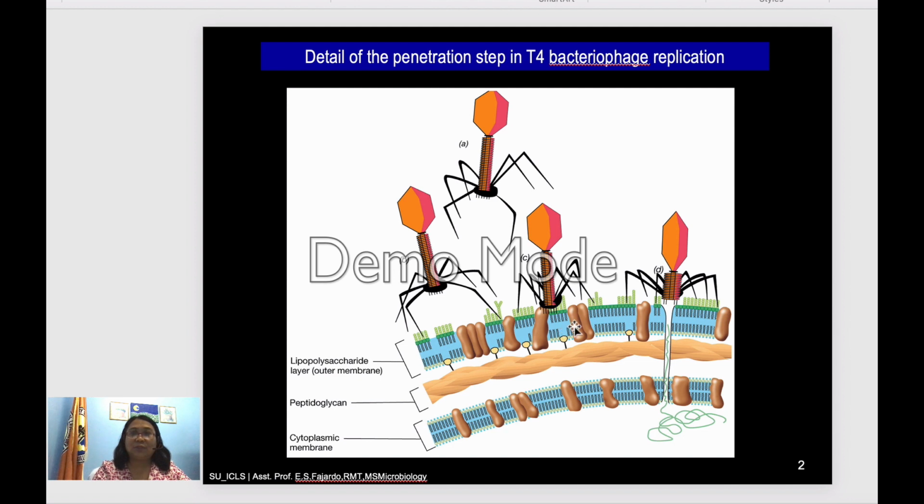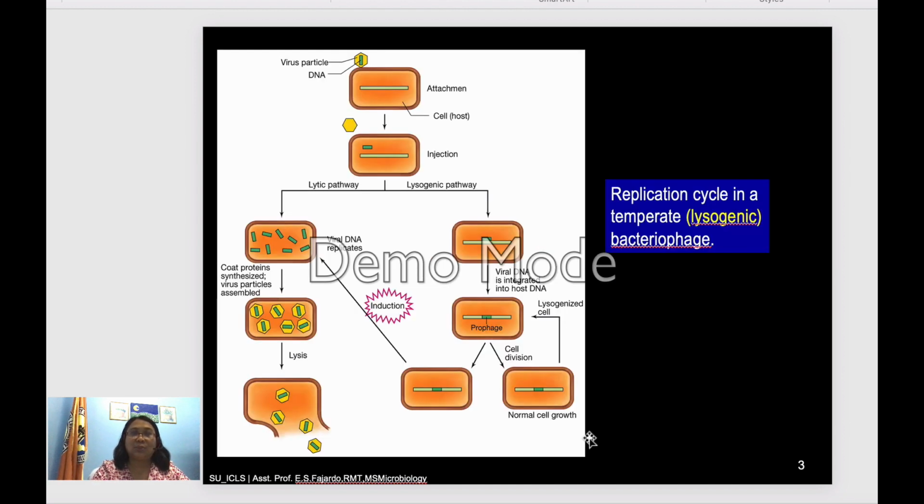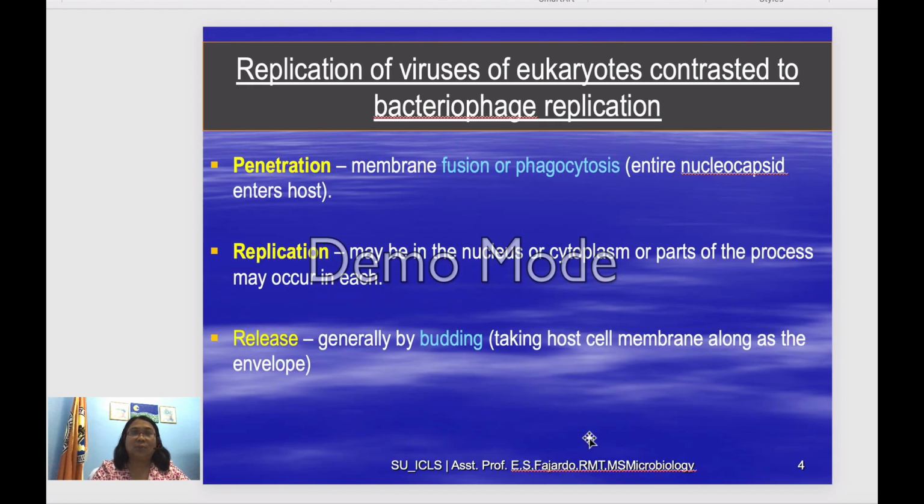After that, the genetic material or the nucleic acid found in the icosahedral head is slowly released and injected inside the cell. So in bacteriophages, there is no uncoating. It's only the genetic material that gets inside the host cell into the cytoplasm of the host cell.